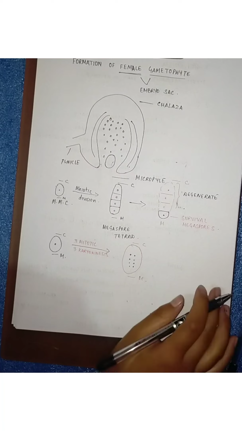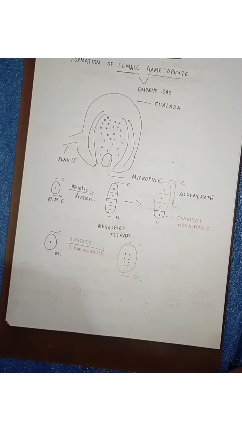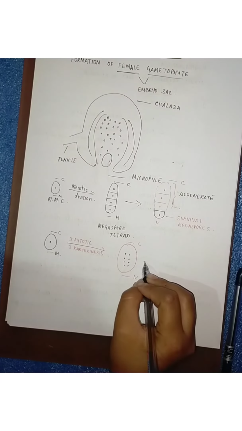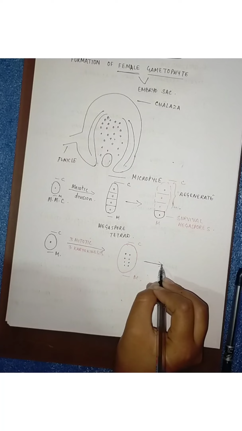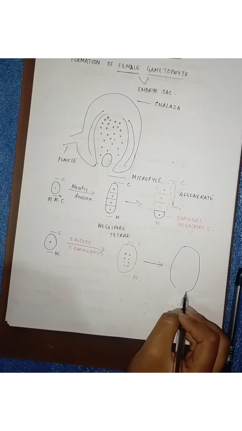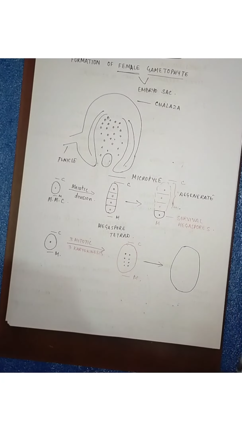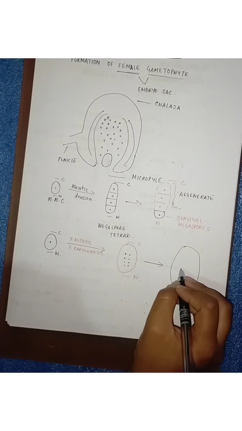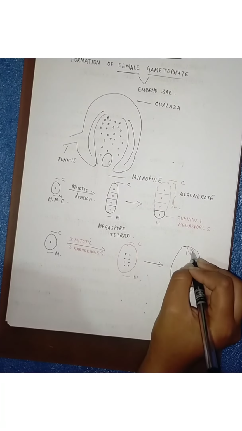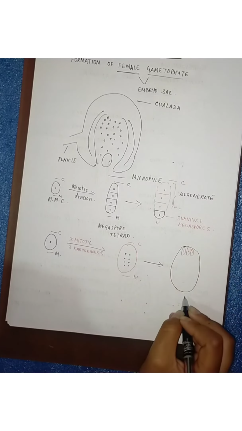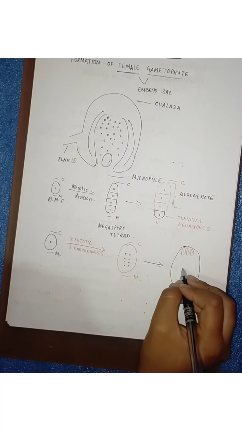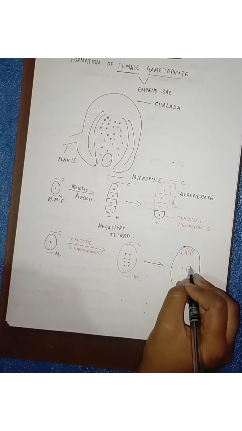And from here, the cells move by themselves. Suppose 3 cells will go up, 3 will go down, and 2 will stay at the center.